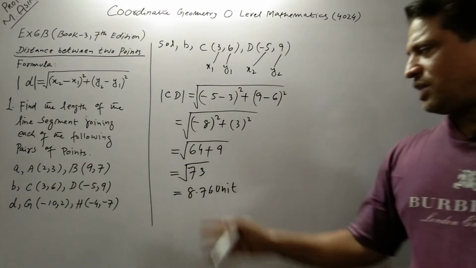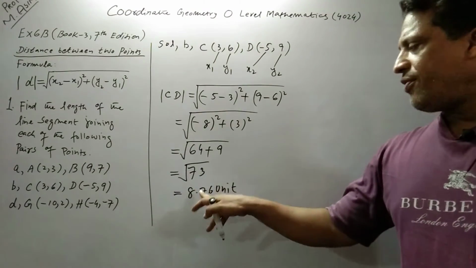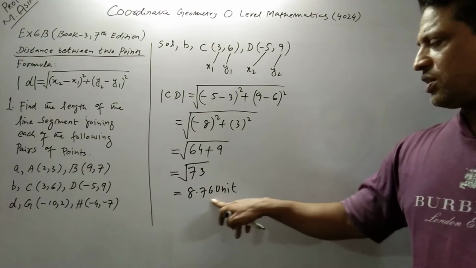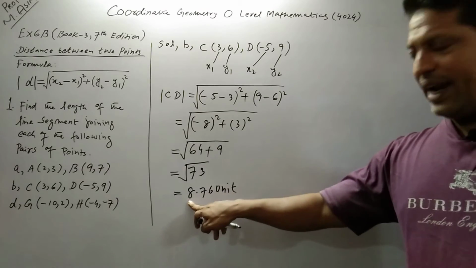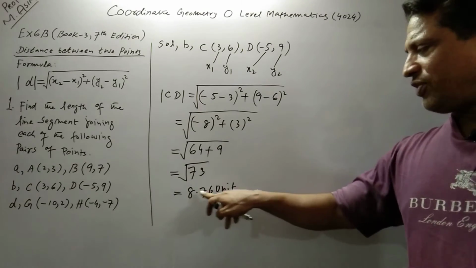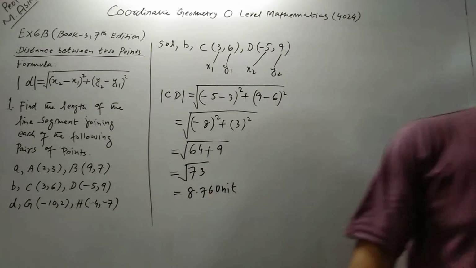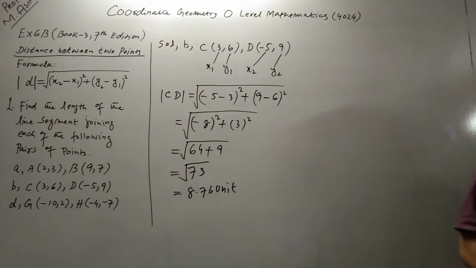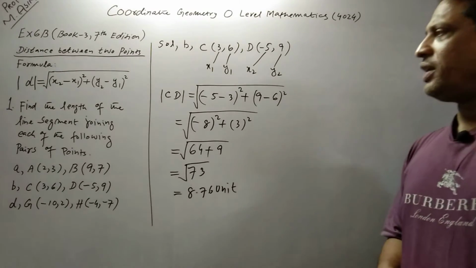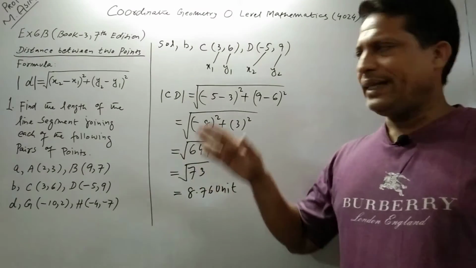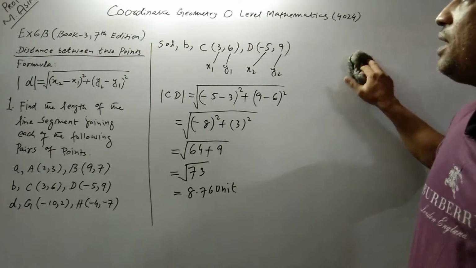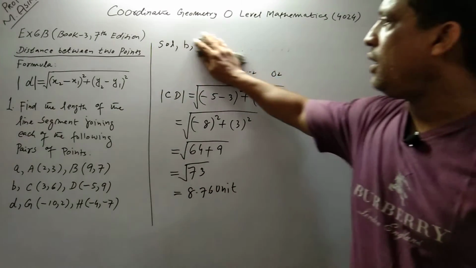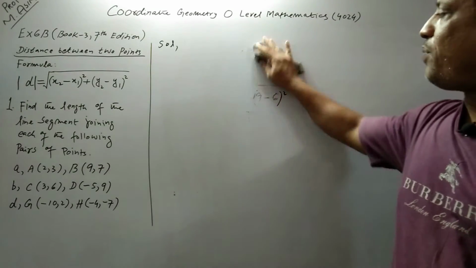Kindly check this value of root 73 from the calculator. If this is not correct, the 8 should be correct, but after the decimal point I don't remember the value. So this is your answer. Hope you understand how to apply the distance formula. Part number C, I left for you.